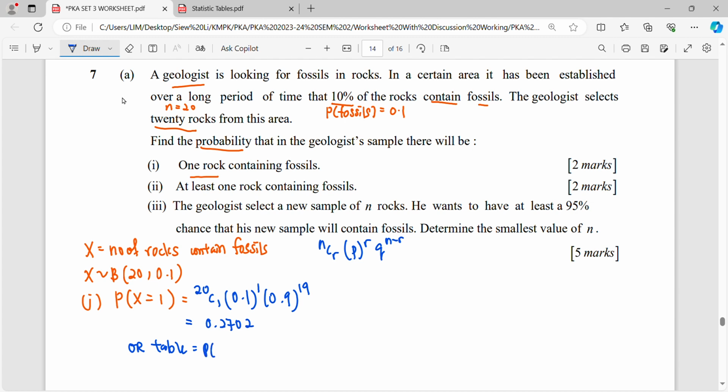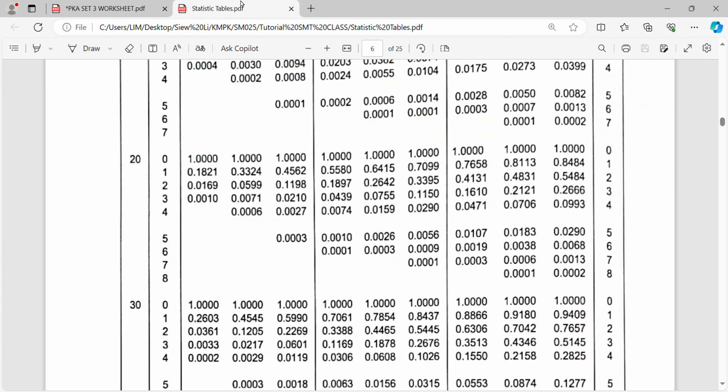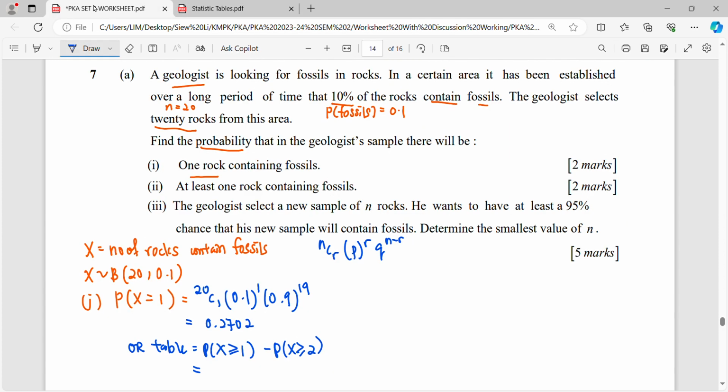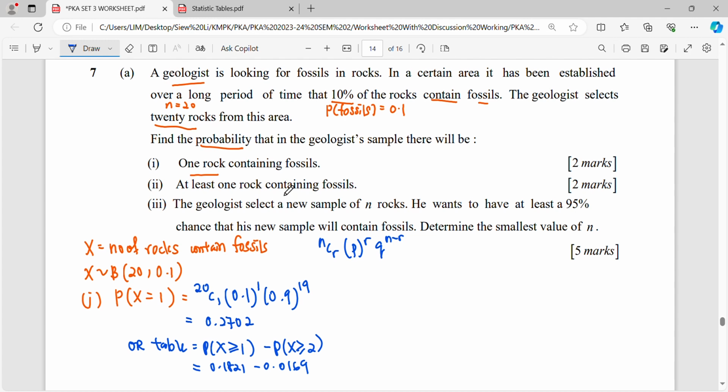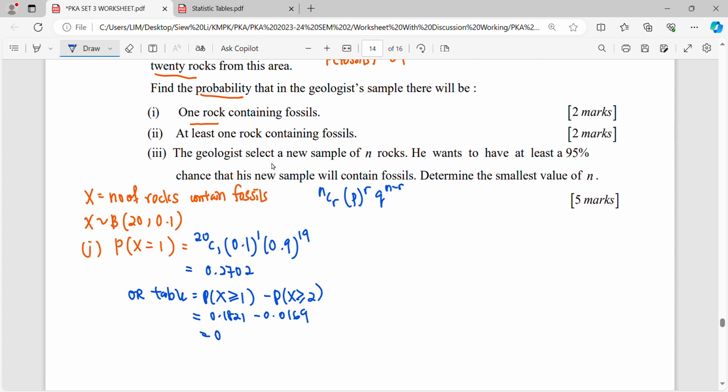If you want 1 in the table, you will read more than or equal to 1 minus more than or equal to 2. The table needs to be read starting from more than or equal. So you want 1, which means more than or equal to 1. You don't want the number 2 onwards, so you minus. So 1821 minus 169. So you'll get the same answer.